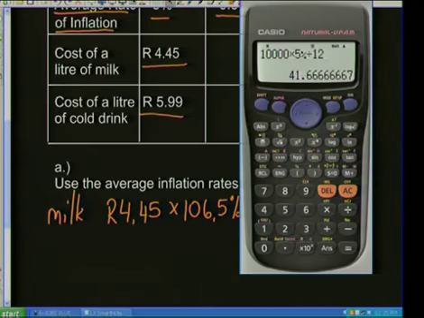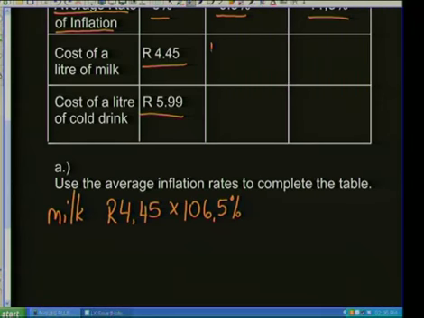So in my calculator, I'm going to say 4.45 times by 106.5%, and I get R4.74. So we're going to round that off, it's R4.74. So let's write that in here, R4.74.